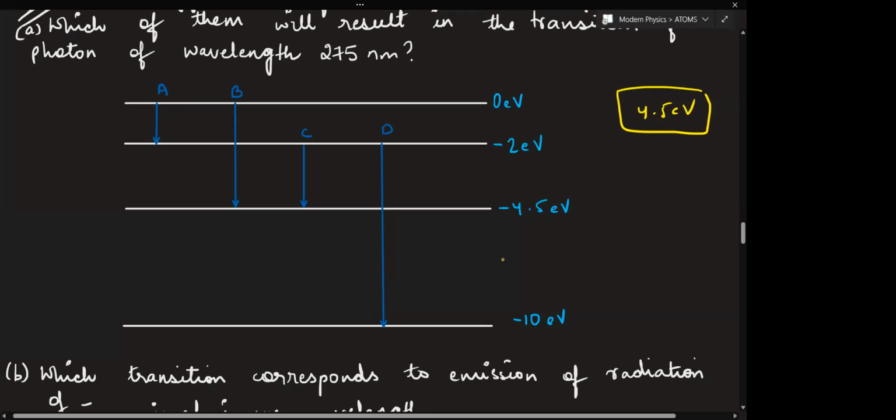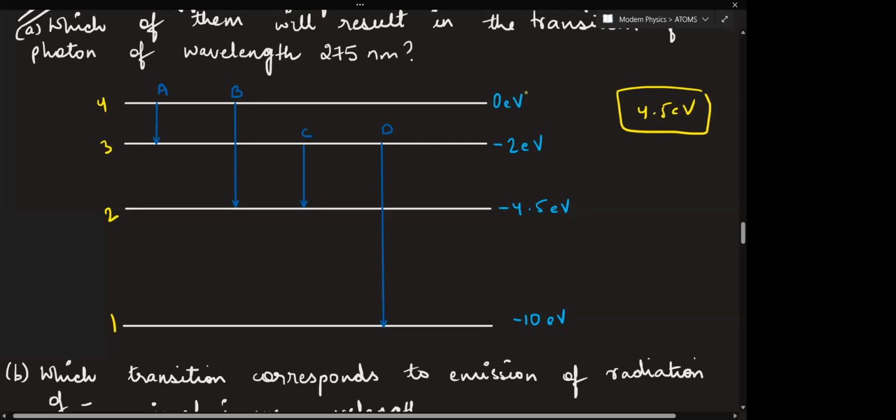Yes, Abdullah, from n is equal to 4 to n is equal to 2. Reason? Ma'am, because the energy difference is 4.5 electron volt.